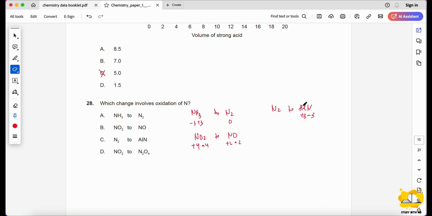So I will go from the bottom. I will start from Al because it's group 3, so +3, -3, and this one is 0. And NO2 to N2O4: -4, +4, and O4 is -8, so +8. This will be +4, because for N2 it is +8, for N only it is +4. Therefore, the answer will be A.